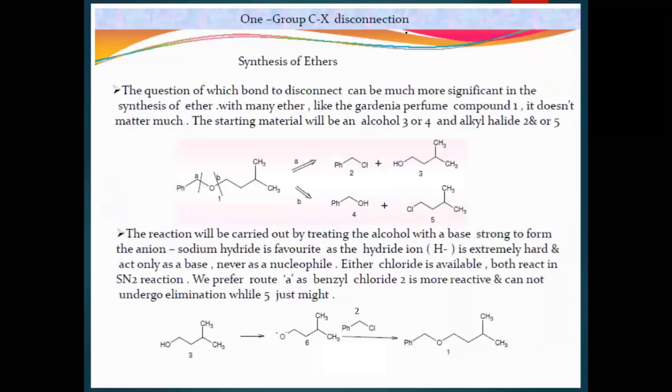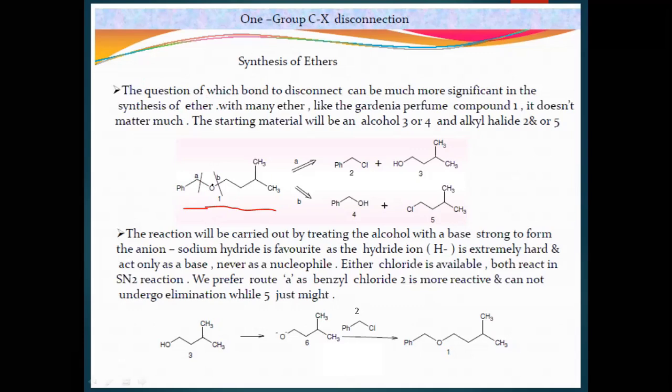The one group C-X disconnection. Now the synthesis of ethers: how do we do the disconnection with respect to one group C-X disconnection? The question of which bond needs to be disconnected in this target molecule can be much more significant in the synthesis of ethers. You have an ether linkage here, CH2-O and CH2-O. So this will also act as a C-X bond, and this will also act as a C-X bond.